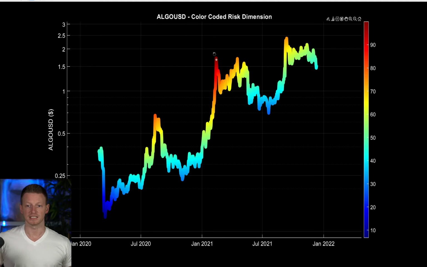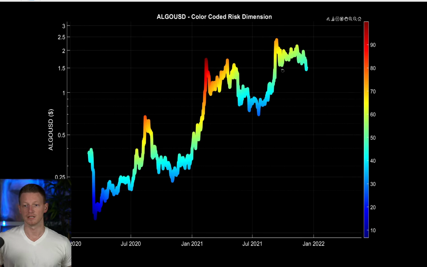When you see an asset reach into these higher risk tiers, so this is the price of Algorand since the beginning of 2020, and the color applied to the price is the risk level. So when you're in blue, that means the asset is typically significantly oversold. And when you've reached into red, the asset is typically overbought and in need of a pullback.